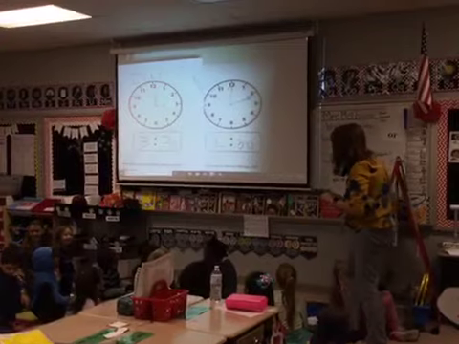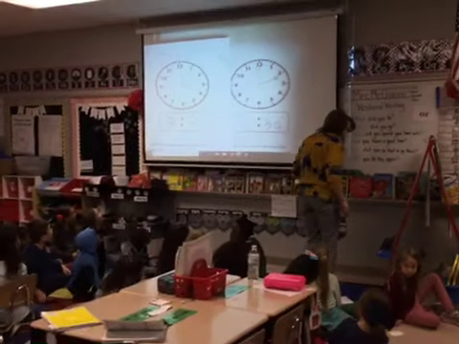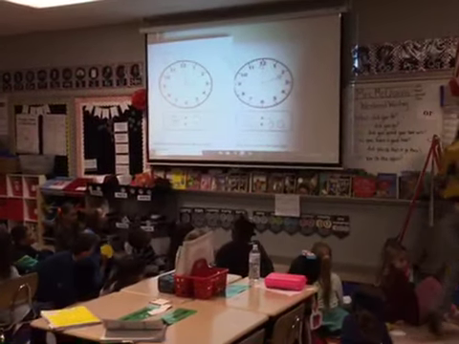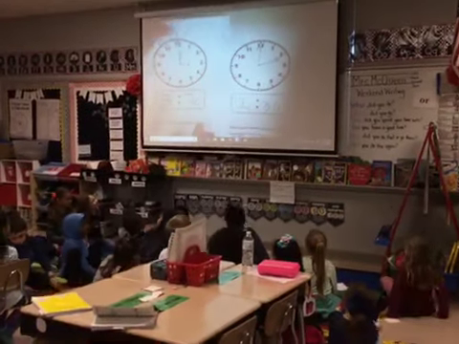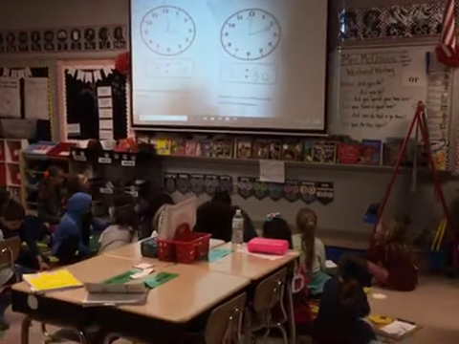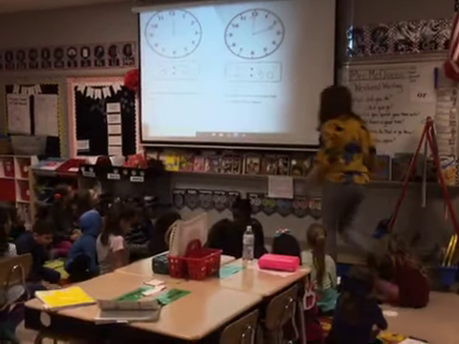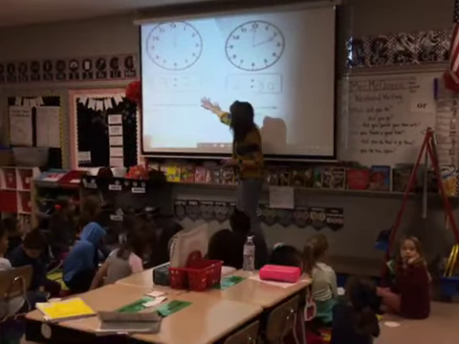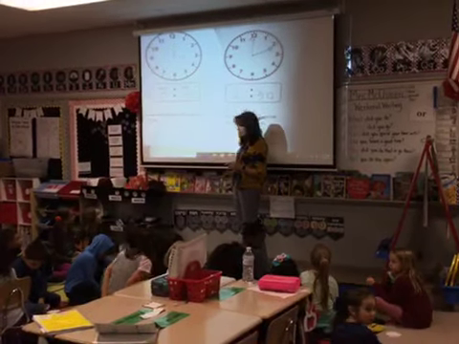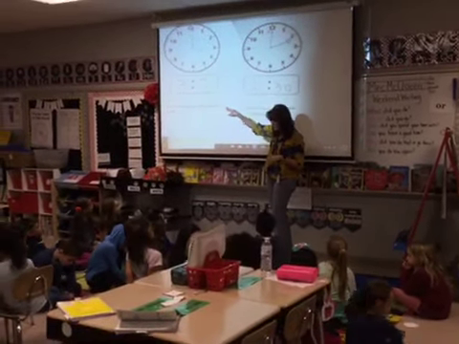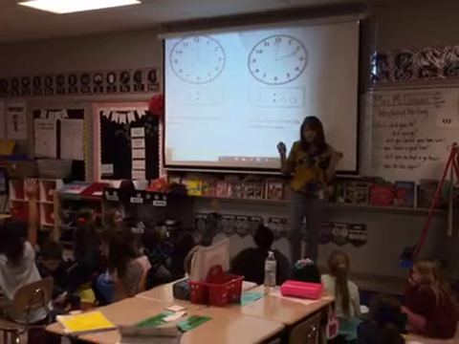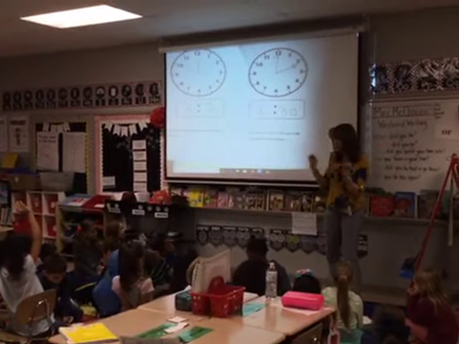Okay, eyes up here. So let's take a look. And let's look at these two times. Push them up a little bit higher. Okay. What do you notice about these two times? What's the same and what's different? And which one shows 2:30? Turn and talk to your partner.